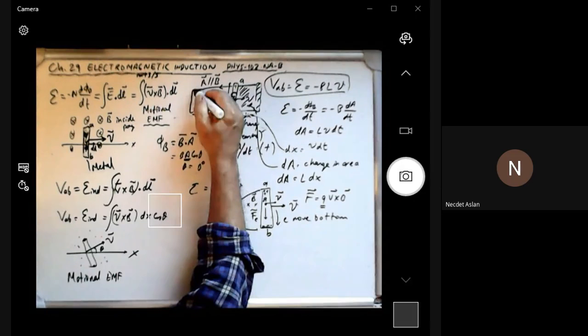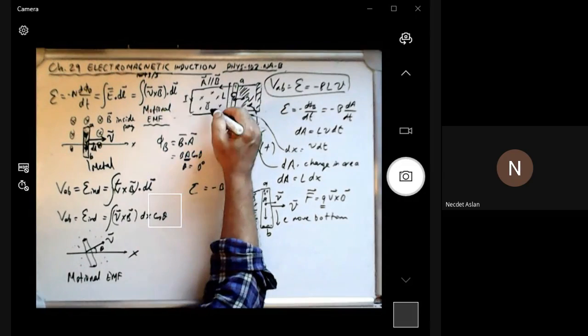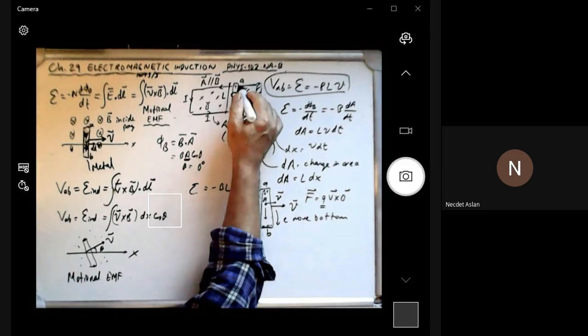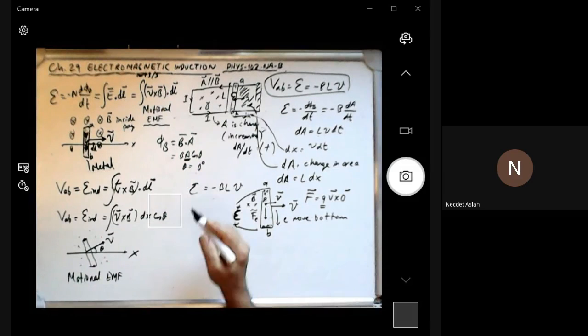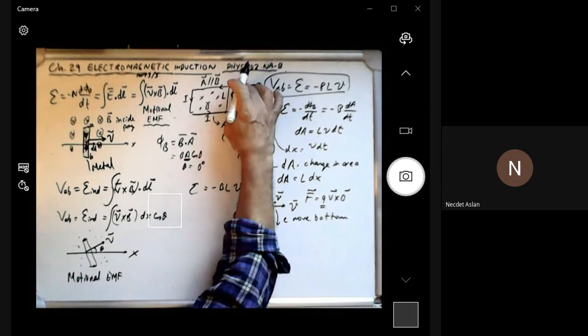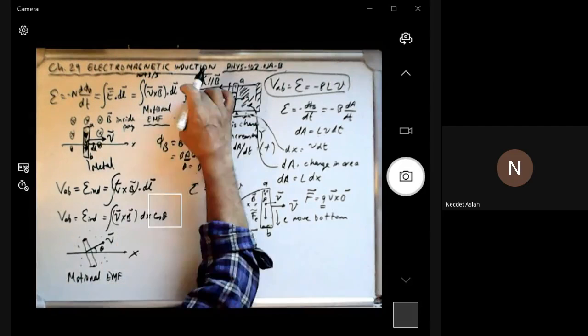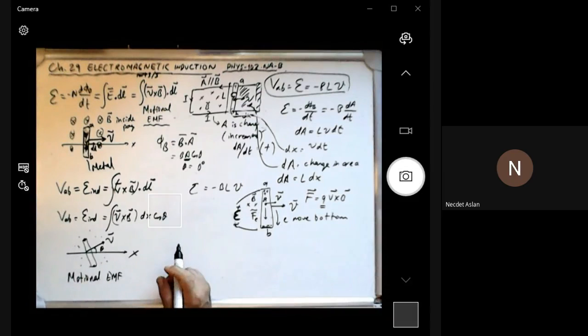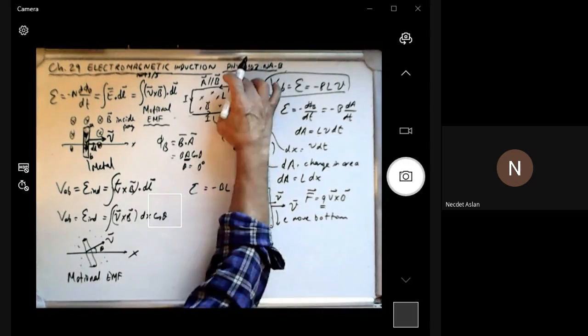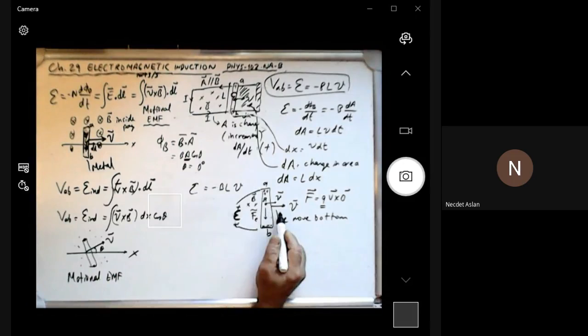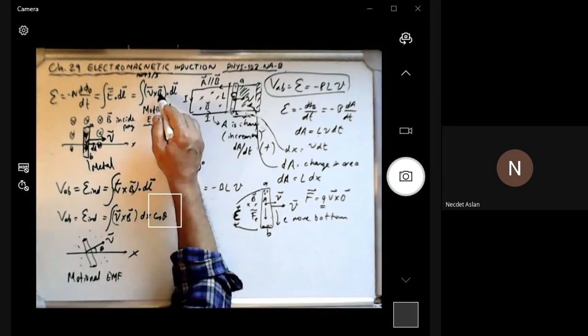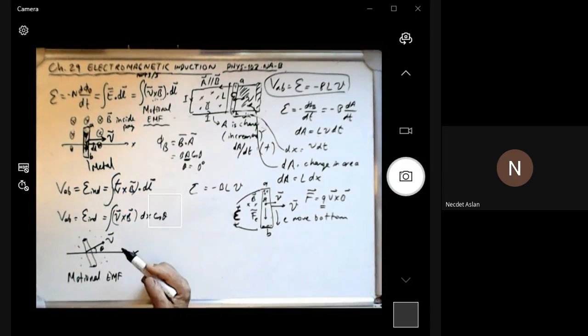So there will be some kind of current moving in this direction. It's like a loop. It's like the power supply which provides this current. But if this side is open, no current is, of course, produced. But still, there will be some potential difference in the rod if the rod is moving in the magnetic field. It's called motional EMF. This is the thing that I had already described.